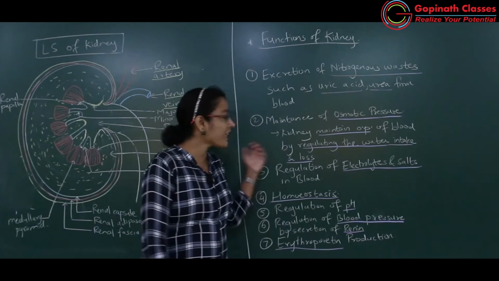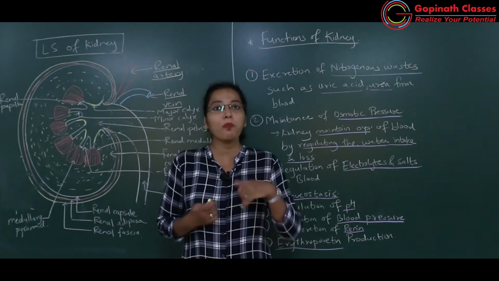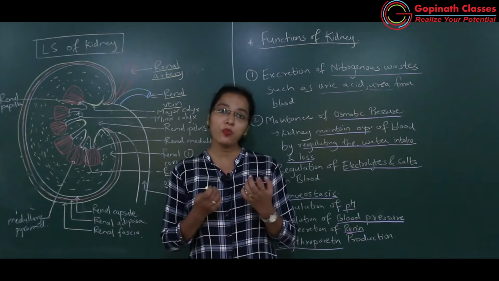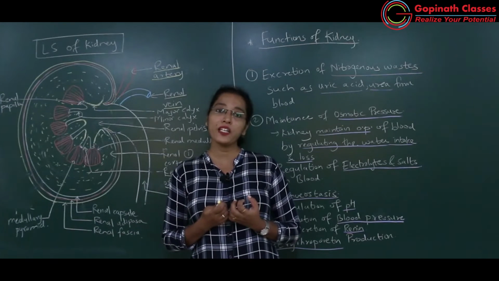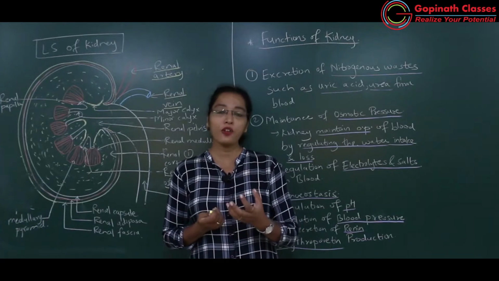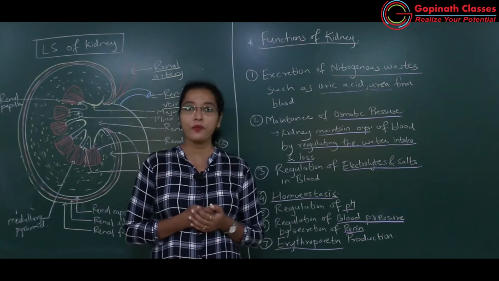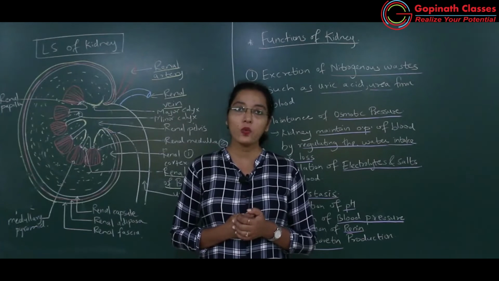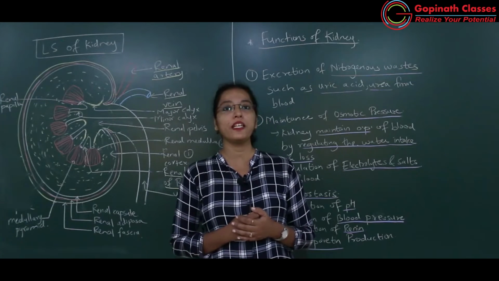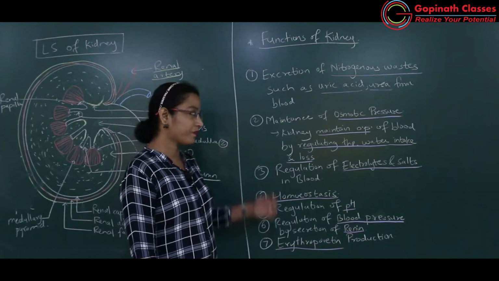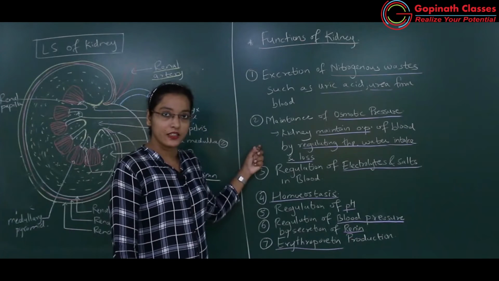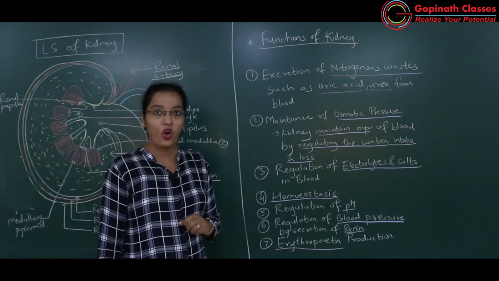And if less water is consumed by the organism, then organism systems will need more water, so more water has to be conserved. So there will be much more absorption of water from different parts of the nephron, and likewise hypertonic urine will be excreted out. Got it? So maintenance of osmotic pressure, that is the second function which we have learned of the kidney.